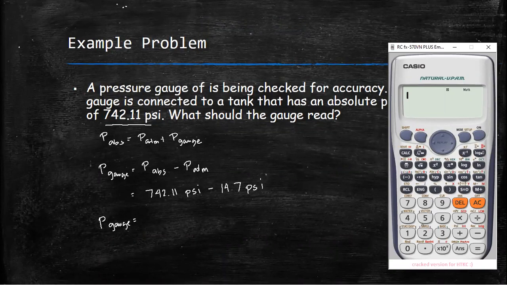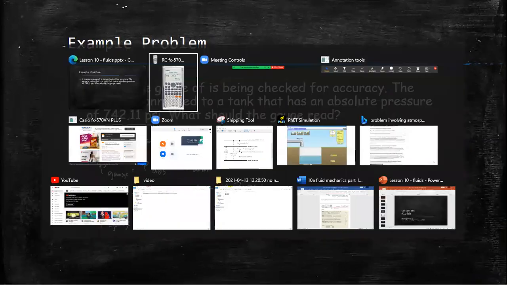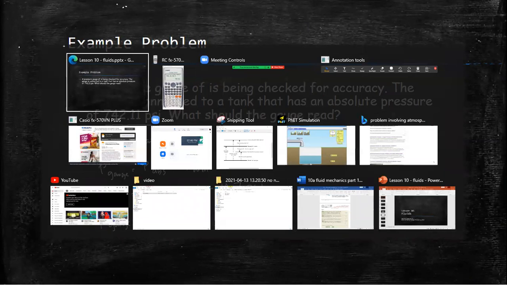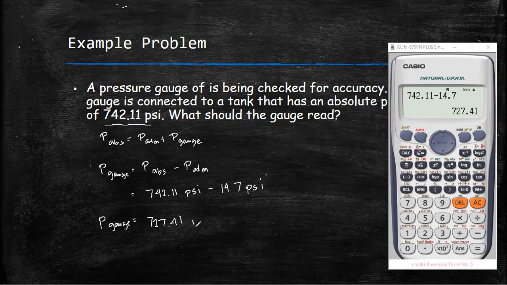So 742.11 minus 14.7 is equal to 727.41. So the value of gauge pressure is 727.41 psi. Okay, what is our gauge pressure?